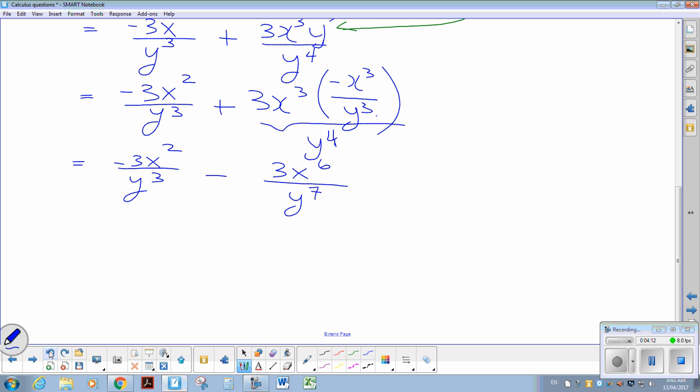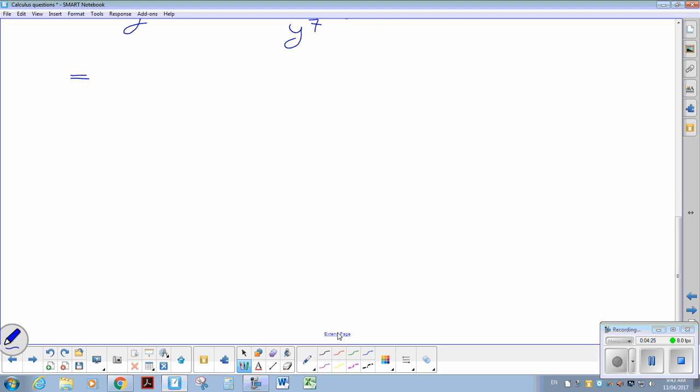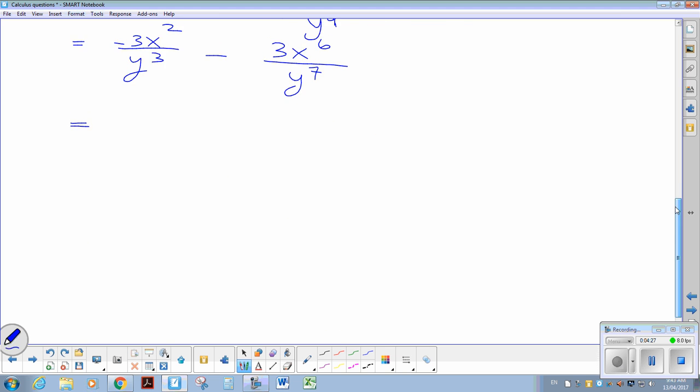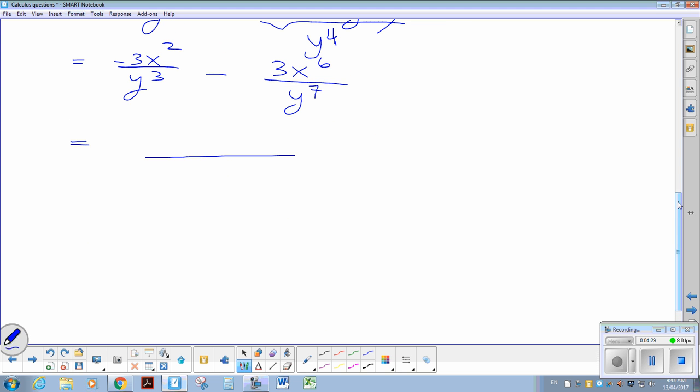All right, on top I can factor out, actually, before factoring, I'm going to get a common denominator. Probably the easier step there. Oops, too far back. So the common denominator will be y to the 7th. That means that first term is going to need a y to the 4th minus 3x to the 6th.